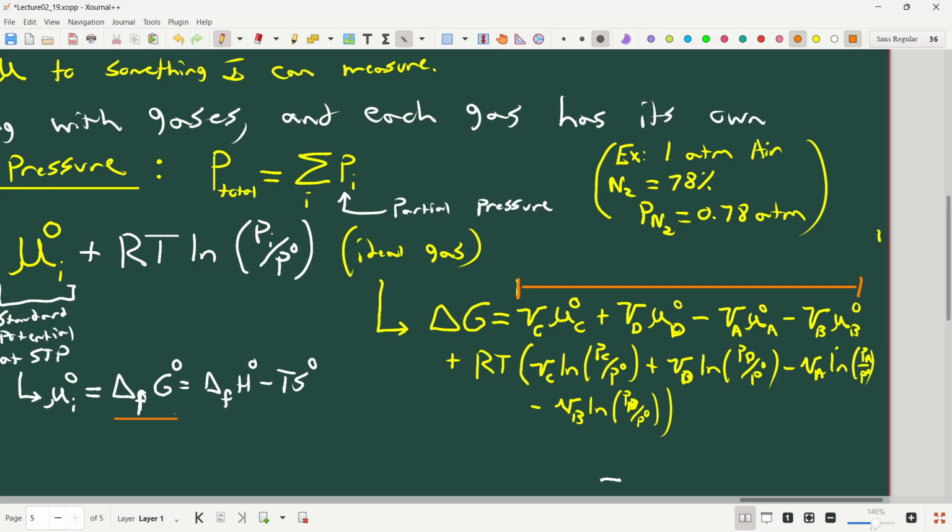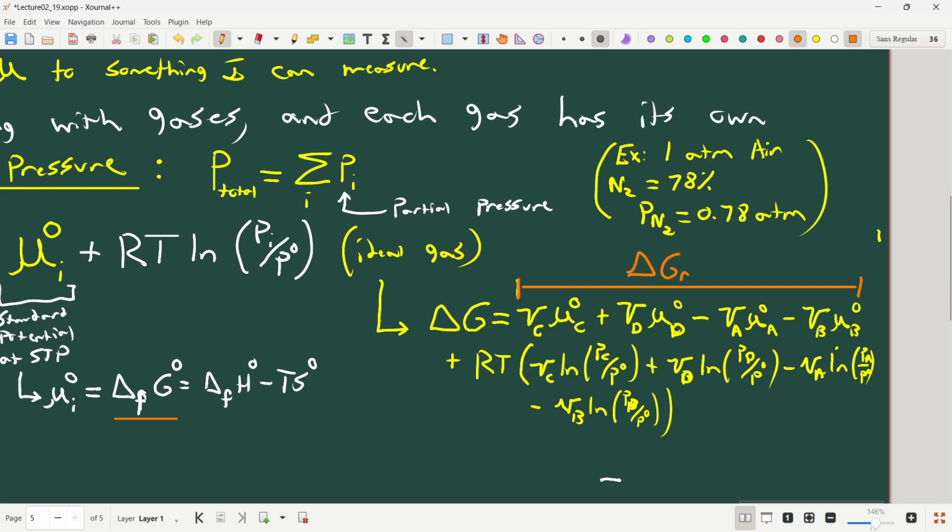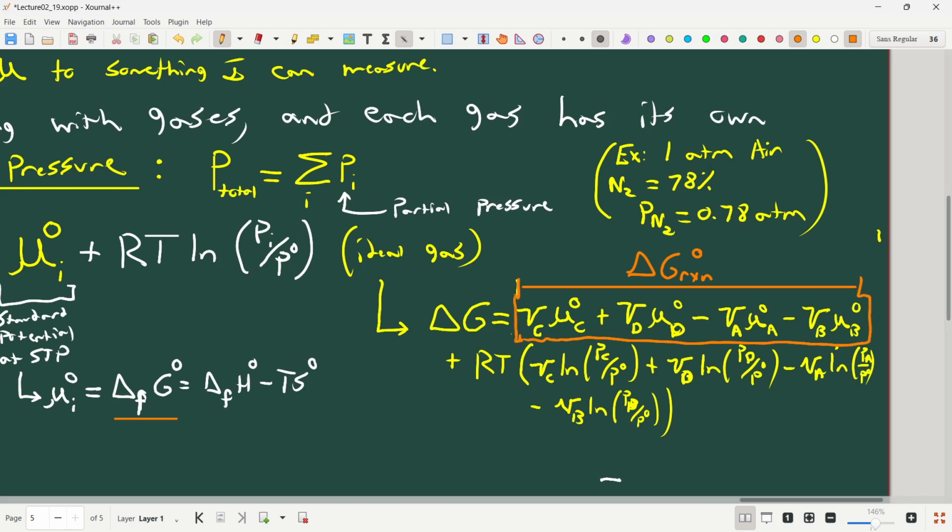This is just the Gibbs energies of the products minus the Gibbs energies of the reactants. So this is delta G of the reaction. This right here is delta G of the reaction at standard conditions. It's what you calculate from NIST. And then we have this nasty RT thing down here.